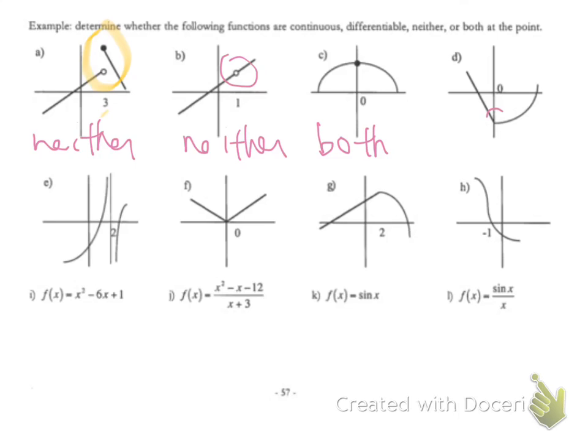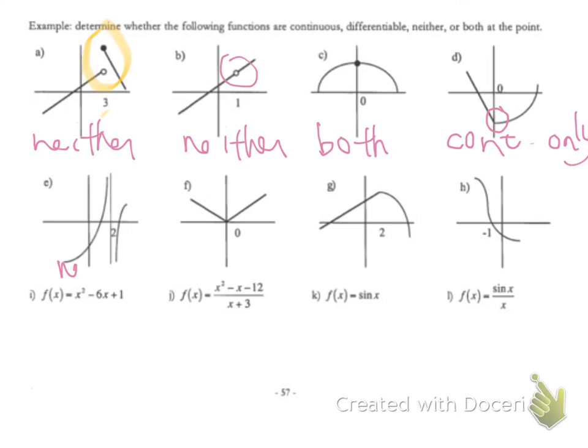Right away I can see there's going to be a corner, but is it continuous? Yes, it is. The limit exists and matches. So it's continuous only. What about here? I see an asymptote. So it's not differentiable. Is it continuous? No, because we have an infinite asymptote.